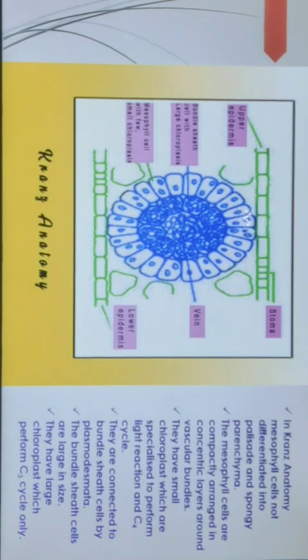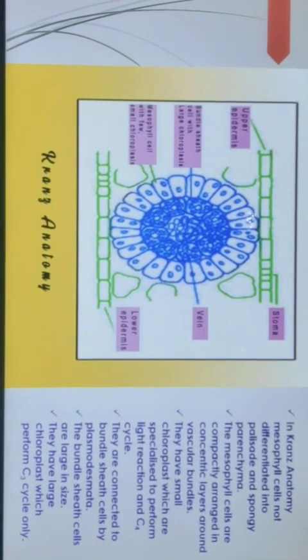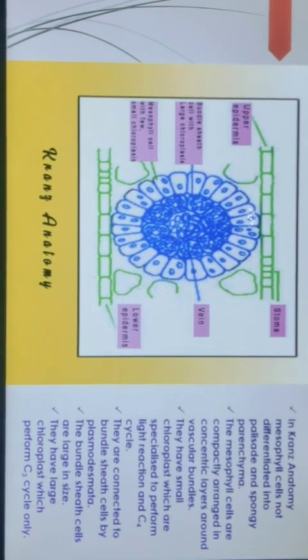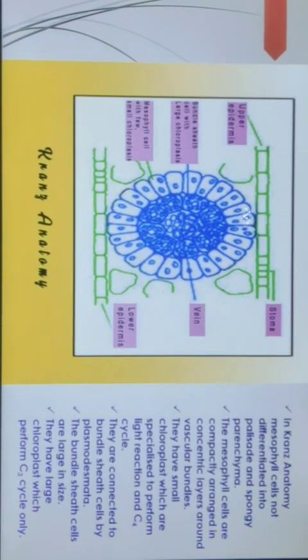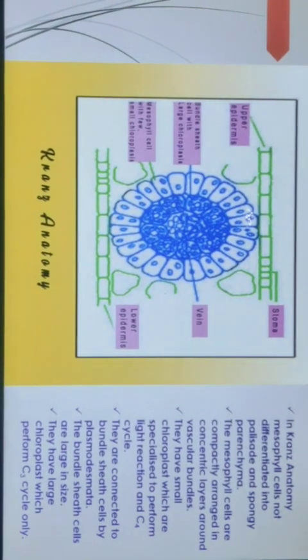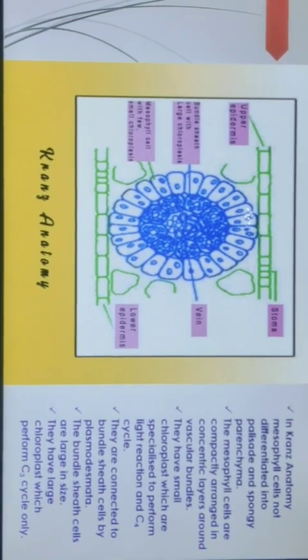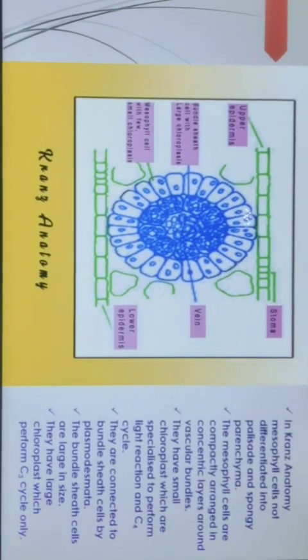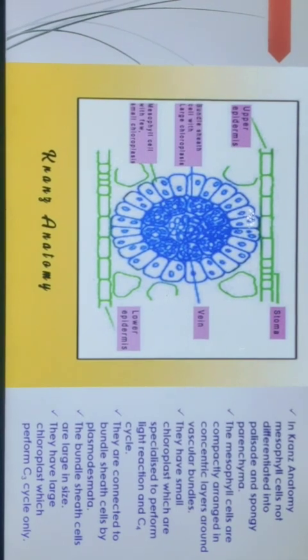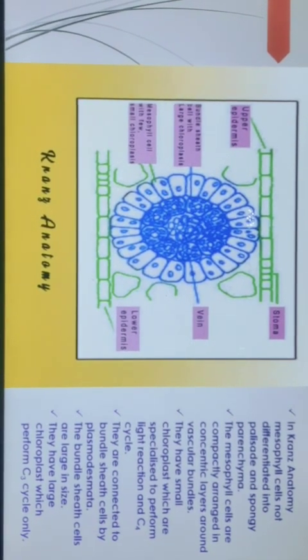It forms a protective covering on the leaf vein and consists of one or more cell layers, usually parenchyma. Now the cells which are loosely arranged are the mesophyll cells. They lie between the bundle sheath and the leaf surface.